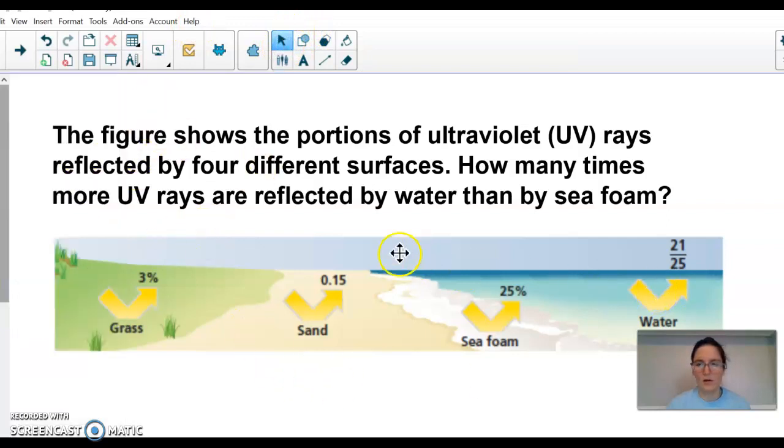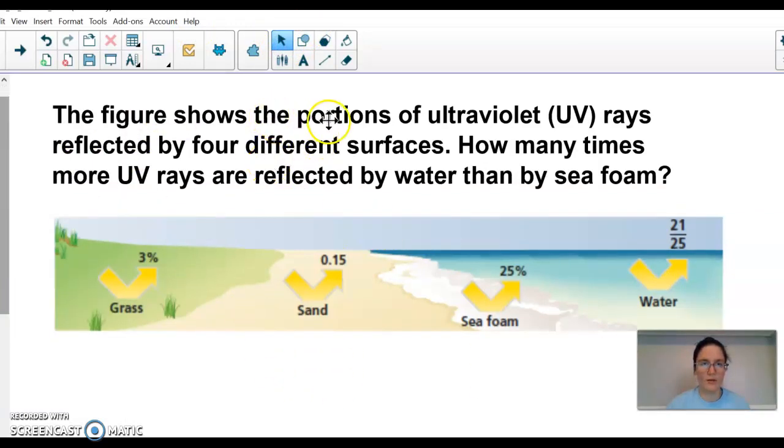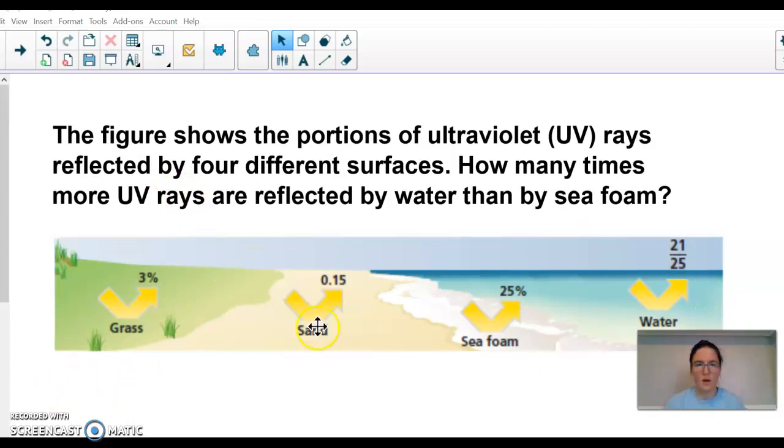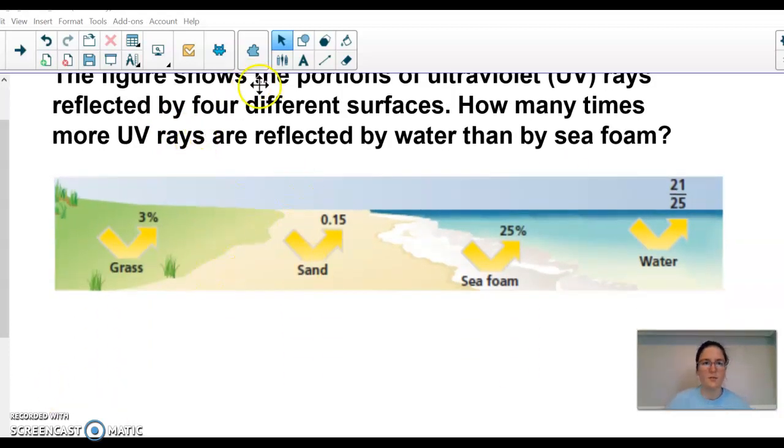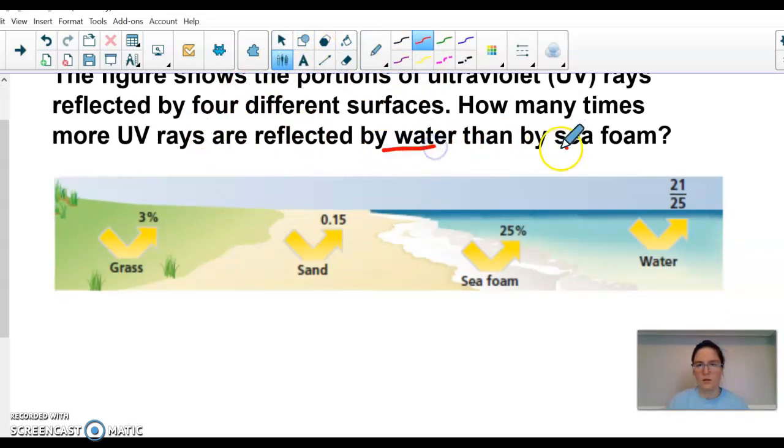Okay, so right now we have: the figure shows the portions of UV rays reflected by 4 different surfaces. How many times more UV rays are reflected by water than by sea foam? There's multiple ways of doing this, but we're just talking about water and sea foam.